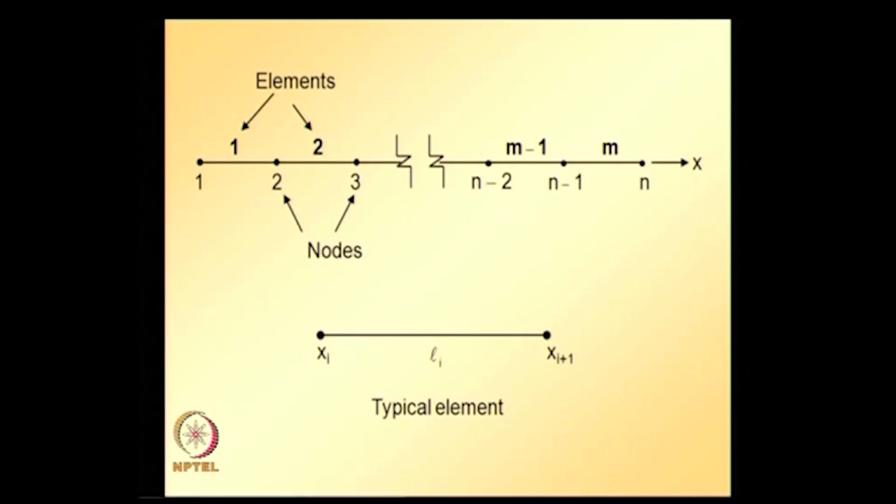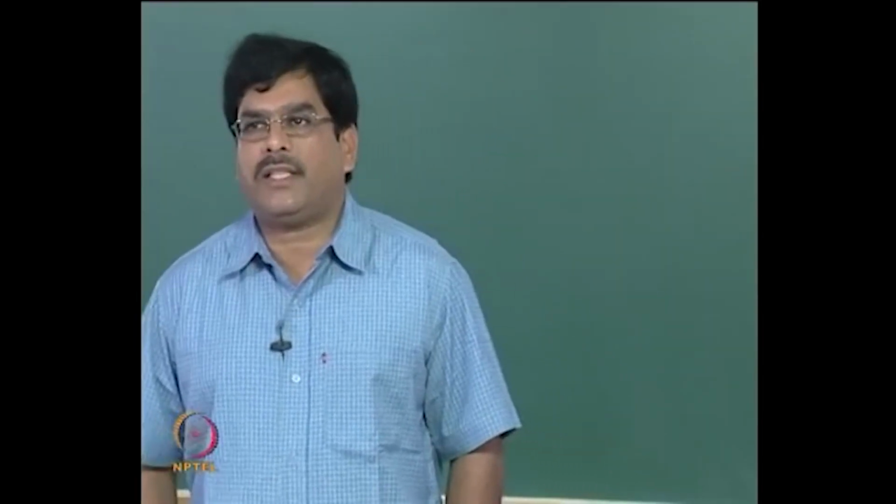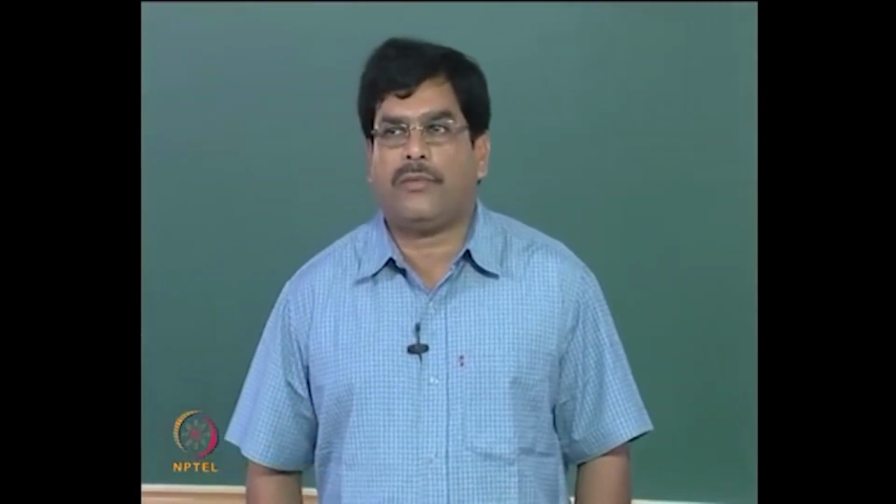We will decide the values of m and n later, and this is how the solution domain 0 to 1 is divided or discretized. Please note that each of these elements can have different lengths. There is no restriction that all the elements should be of the same length.